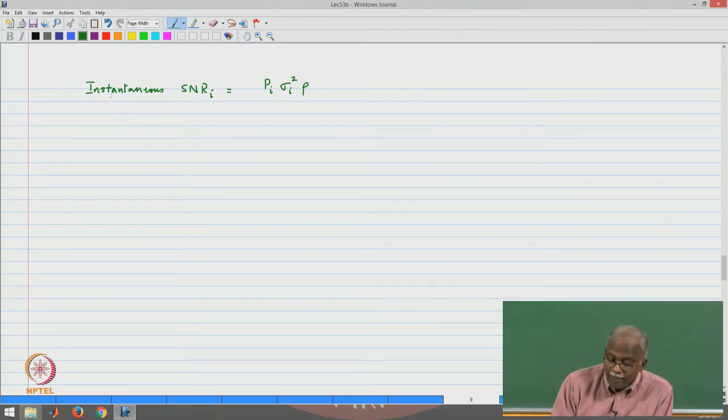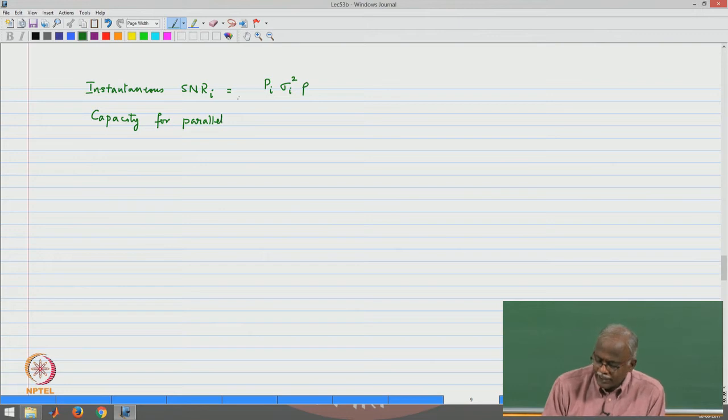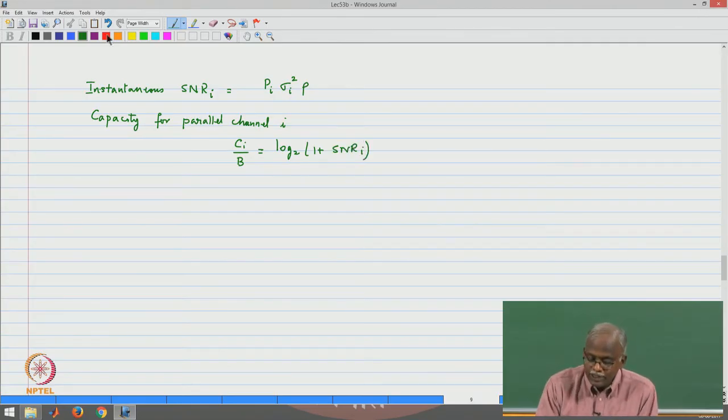Now, the capacity for this channel, for parallel channel I out of the L parallel channels, based on the Shannon capacity formula, is given by Ci divided by B equal to logarithm base 2 of 1 plus SNR subscript I, and since it is a normalized expression, the units will be bits per second per hertz.